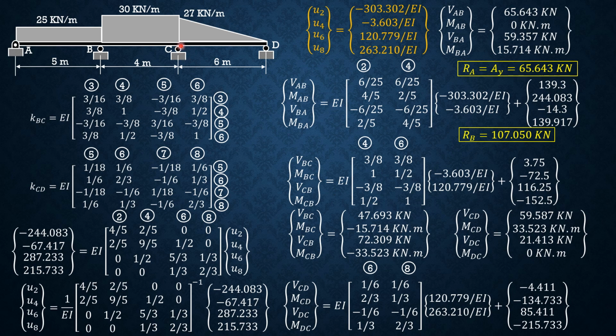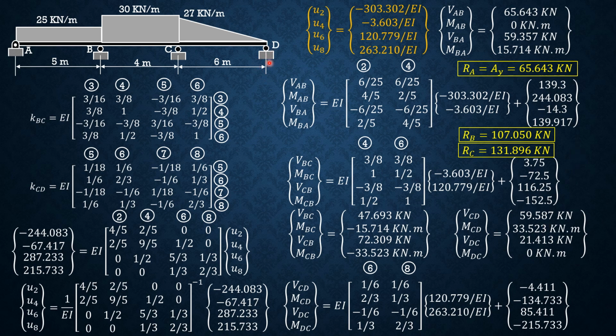RC is shear CB plus shear CD. Shear CB is 72.309 plus shear CD, 59.587. So add 72.309 and 59.587, that's 131.896 kilonewtons.